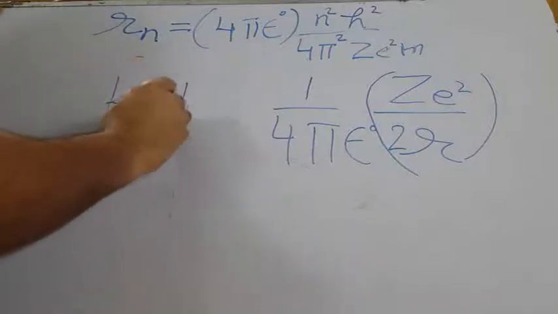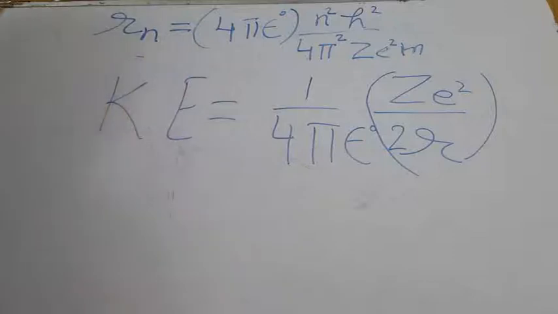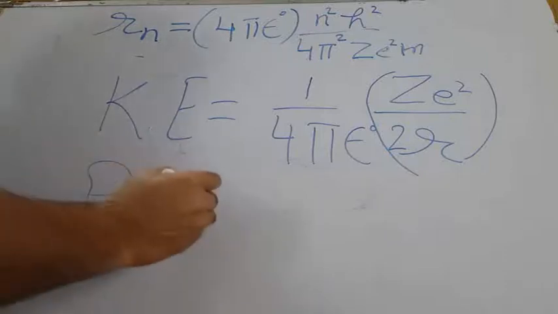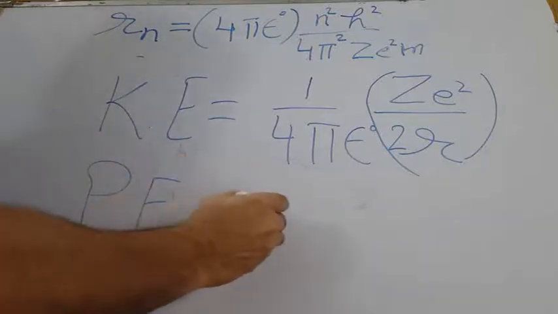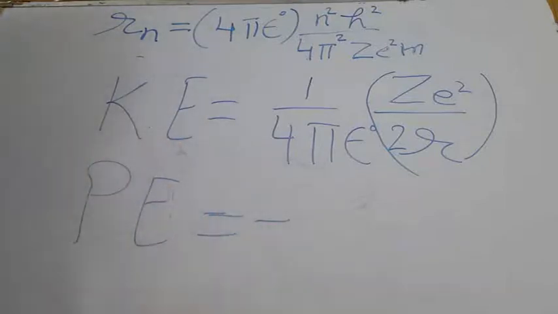We have to calculate the potential energy also, and potential energy, it being a system of Coulombic attraction, should be negative, and that is given by K Q1 Q2 upon r.